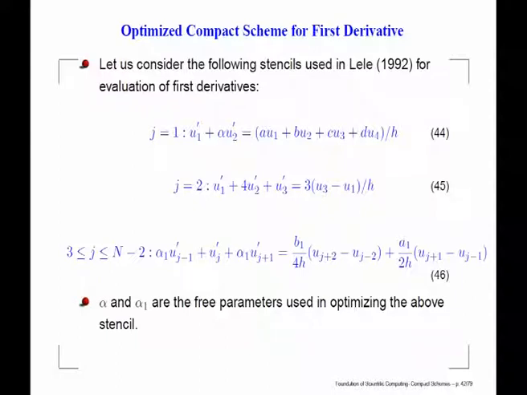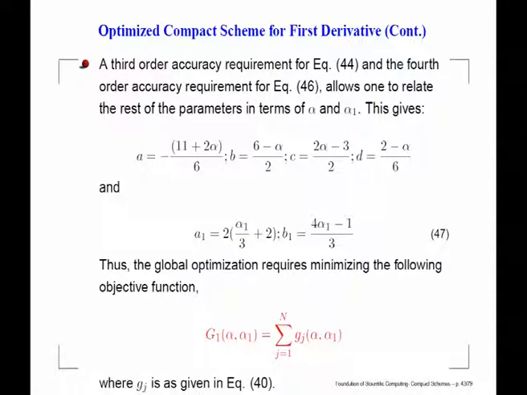So, basically I could try to get this A, B, C and D here in terms of alpha, and the same way I could get A1 and B1 in terms of alpha 1. Then my optimization function exercise would be a function of alpha and alpha 1. Okay. This is what was attempted there.